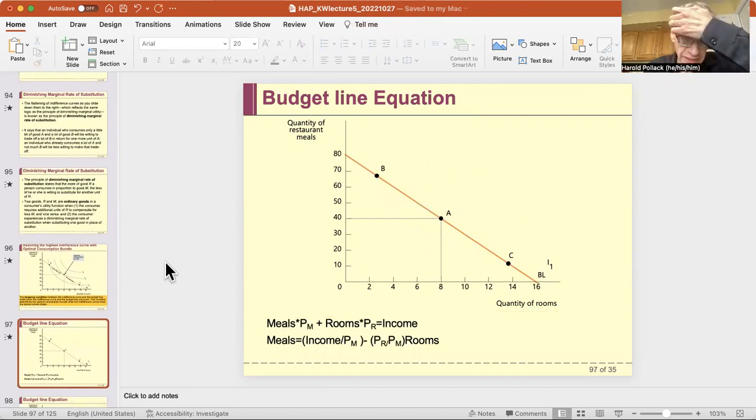Here's the budget line. I've already done all this in class. I won't do it more, but you could see we could work out the y equals mx plus b thing, and you notice that the slope of this line is the ratio of the prices, where I've got the price of the room divided by the price of the meals showing up right here.